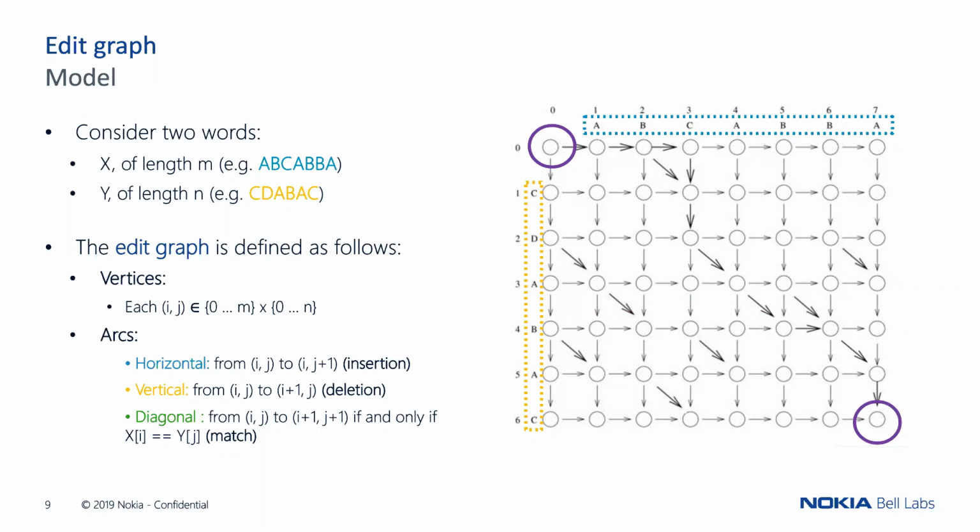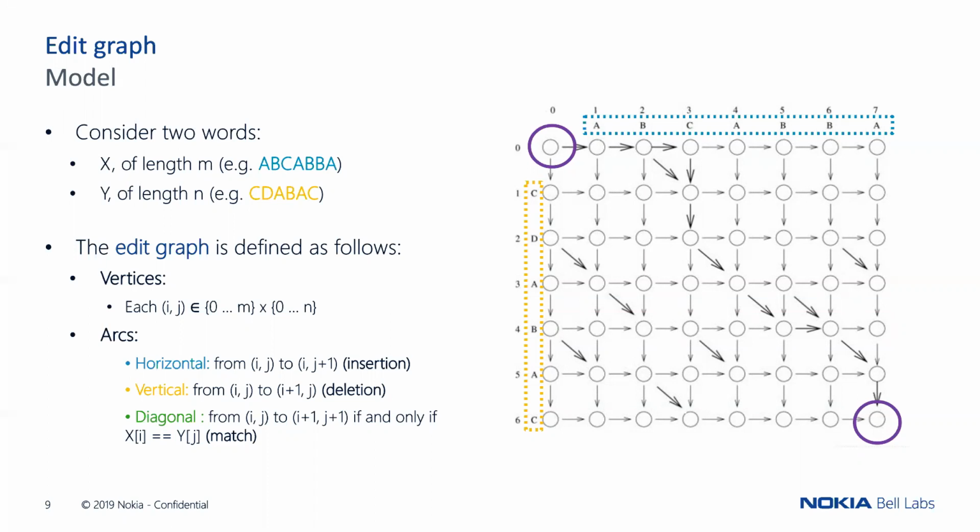As I consider X and Y in their entirety, it consists in finding a path from this vertex (0, 0) to this vertex (m, n). Any path from this vertex to this vertex consists of a set of edit operations allowing to move from the blue string to the orange one or the converse.